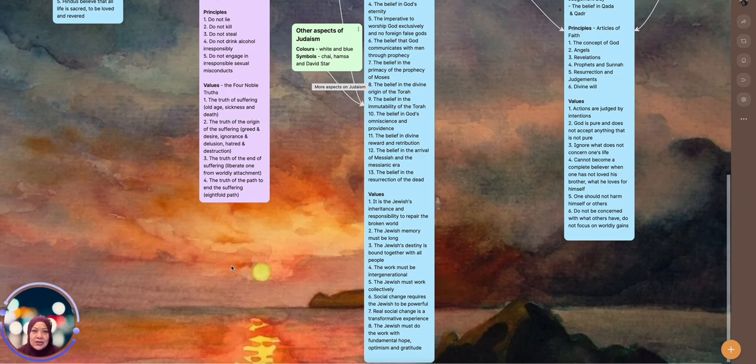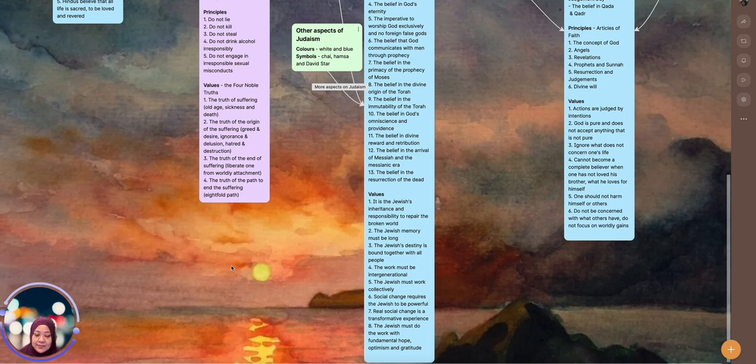So whatever they are doing now will be related to the future and also related from the past. Number 5, the Jewish must work collectively. If you still remember, I mentioned something about them being close-knitted among family members and all. So yes, they work together collectively. For them, that's very, very important.